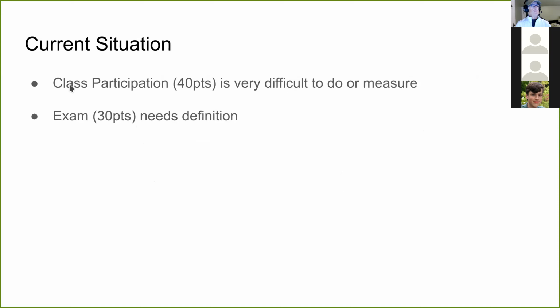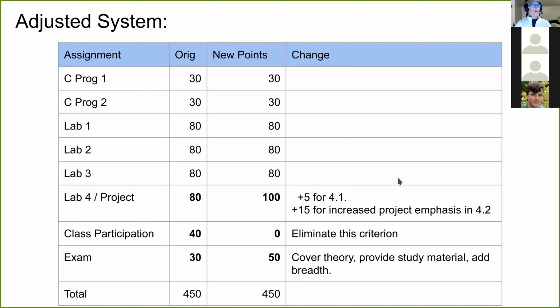First of all, class participation, that just isn't going to work. It's hard for you guys to participate in class, and it's hard for us to measure your participation other than the labs and so forth. So we're getting rid of those points, or let's just say those points, we're going to keep them, but redistribute them. And then the exam needs some definition and clarity.